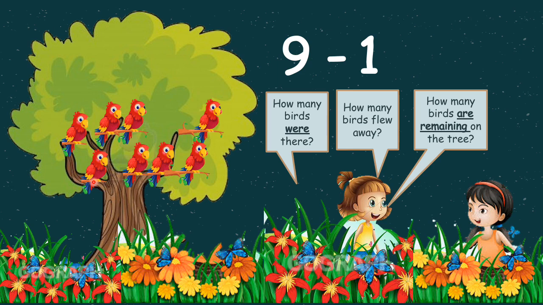So how many birds were remaining? There were 8 birds remaining on the tree. And the friends were very happy to see the birds, and because it was getting late, they will get back home. Okay?